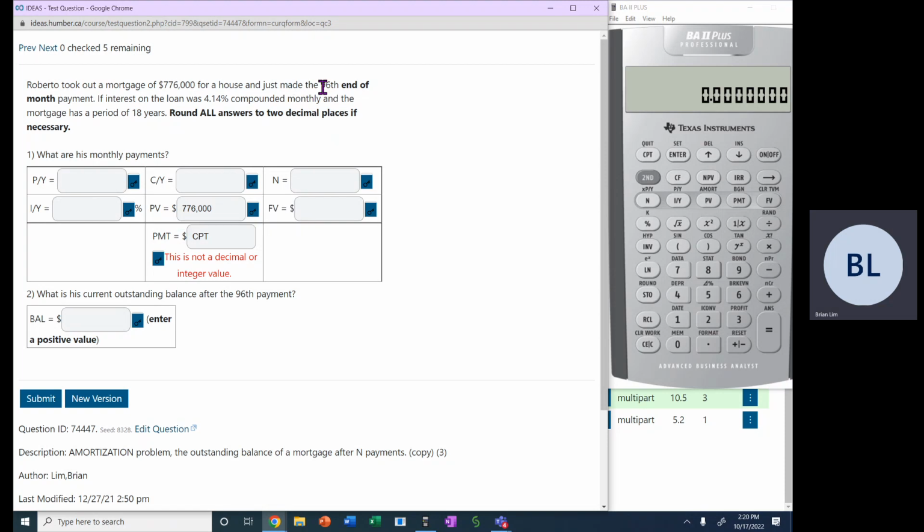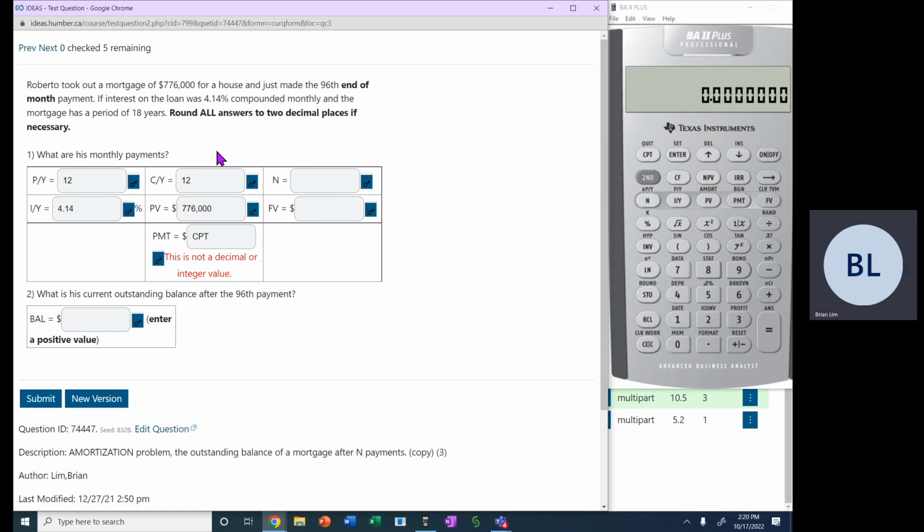This is an end of month payment, meaning PY will be 12 payments per year, 12 months in the year. The interest on the loan was 4.14% compounded monthly, so CY would be 12.